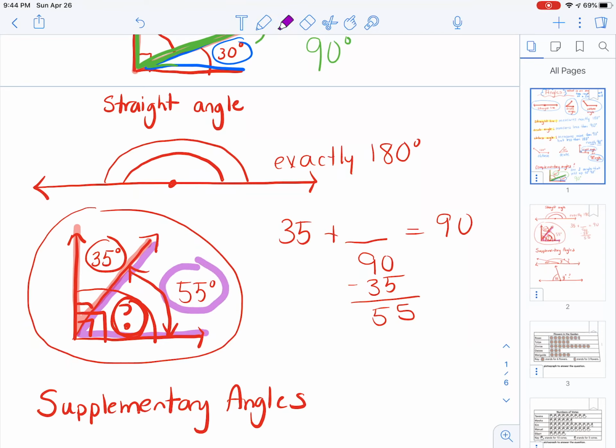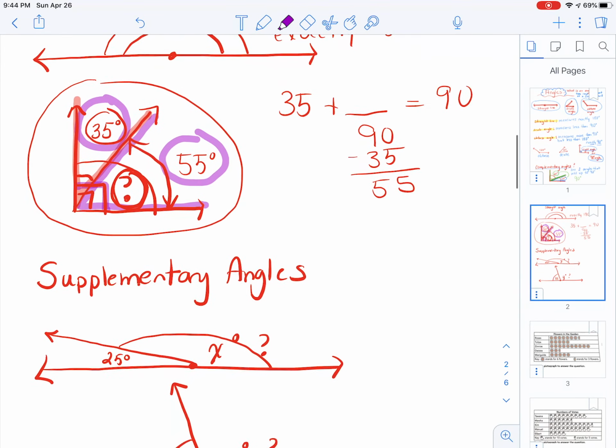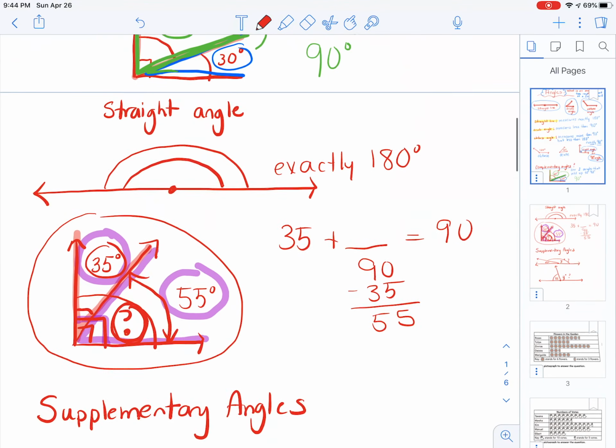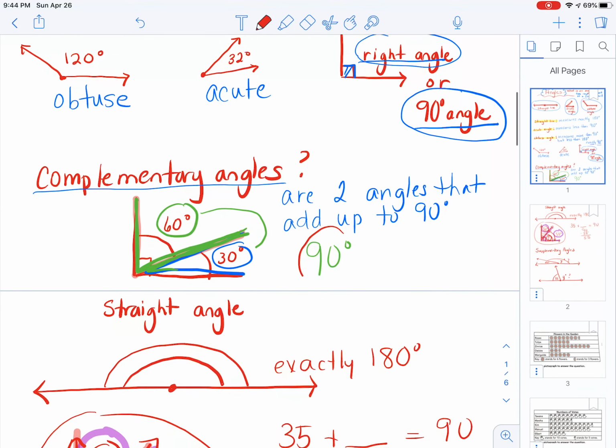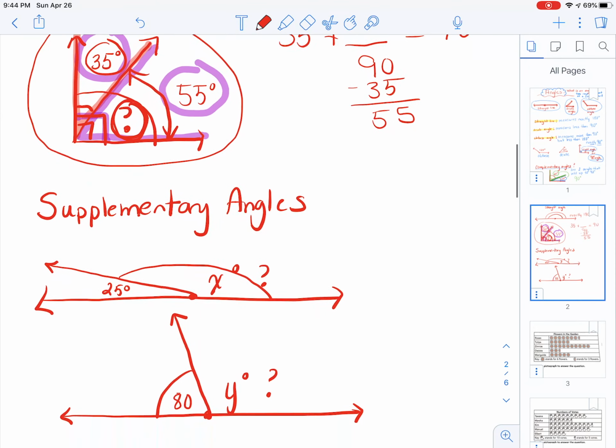So this angle plus this angle has to add up, in this case, to equal 90 degrees. And that's the way we can sometimes find out different angles. So we talked about complementary meaning to add up and equal 90.